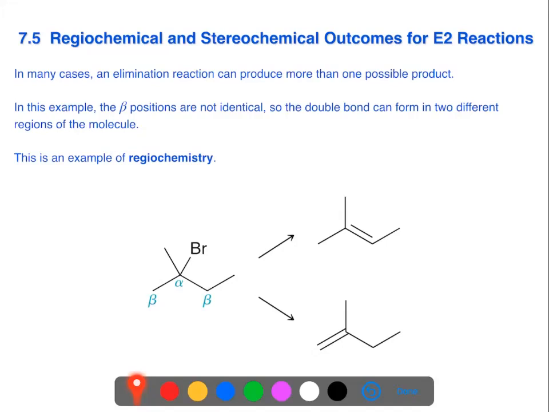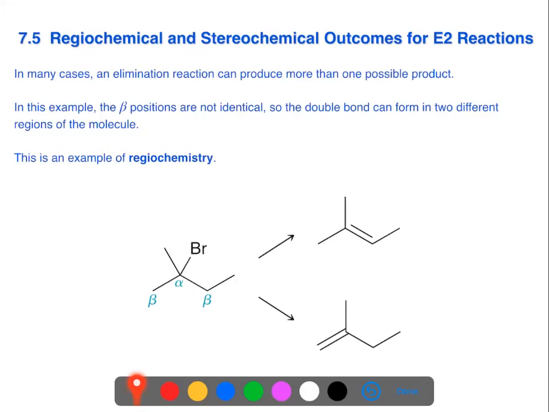So the base picks up this hydrogen atom as a proton, forms the pi bond, and the leaving group is lost. This is a concerted mechanism, a single transition state, showing the interaction of the base with the substrate and the eventual loss of the leaving group.